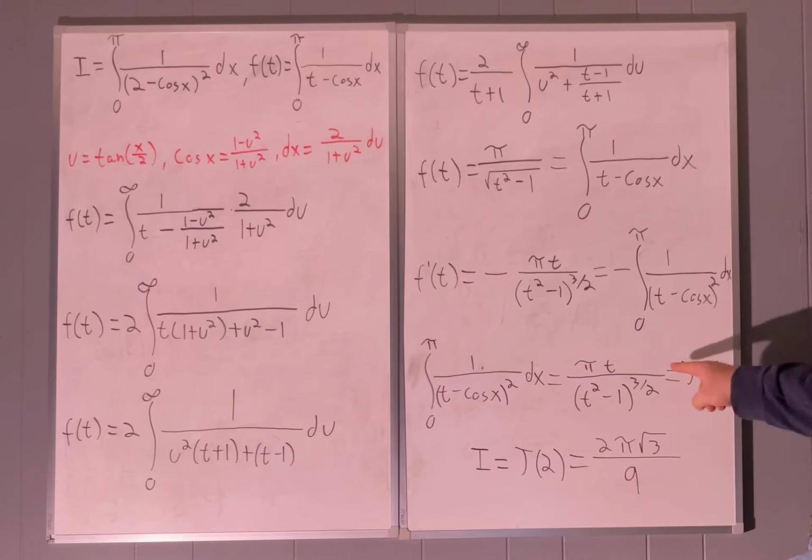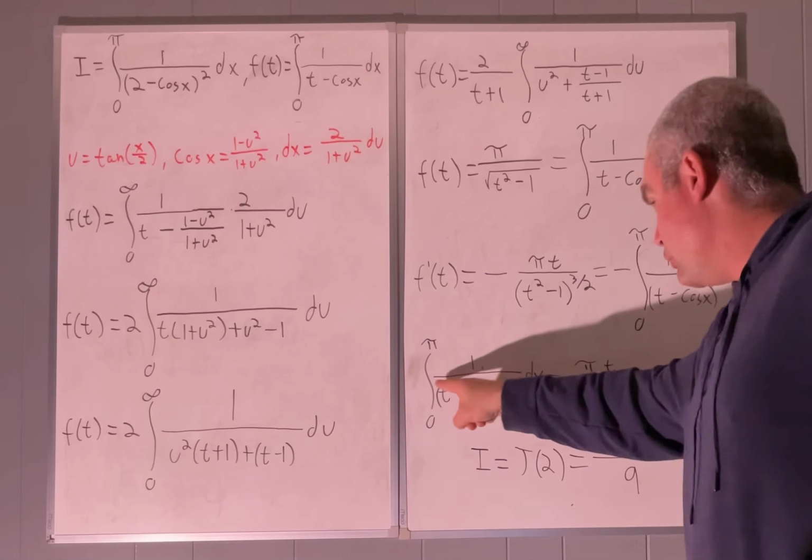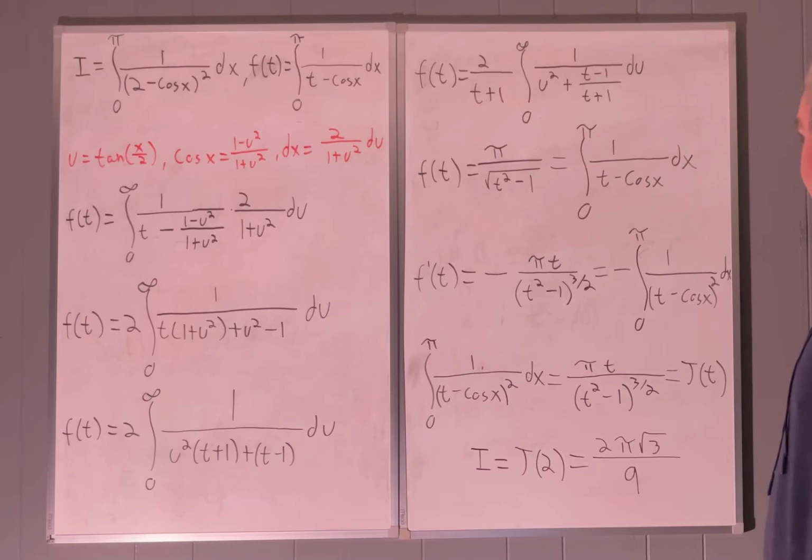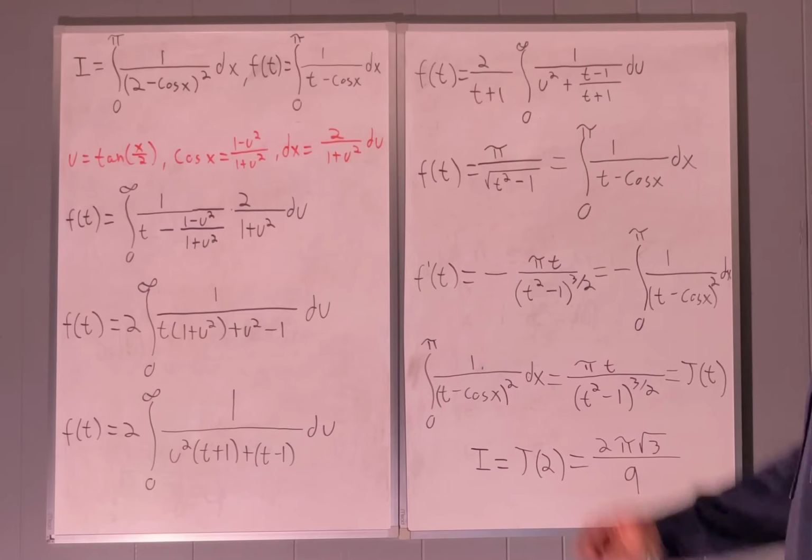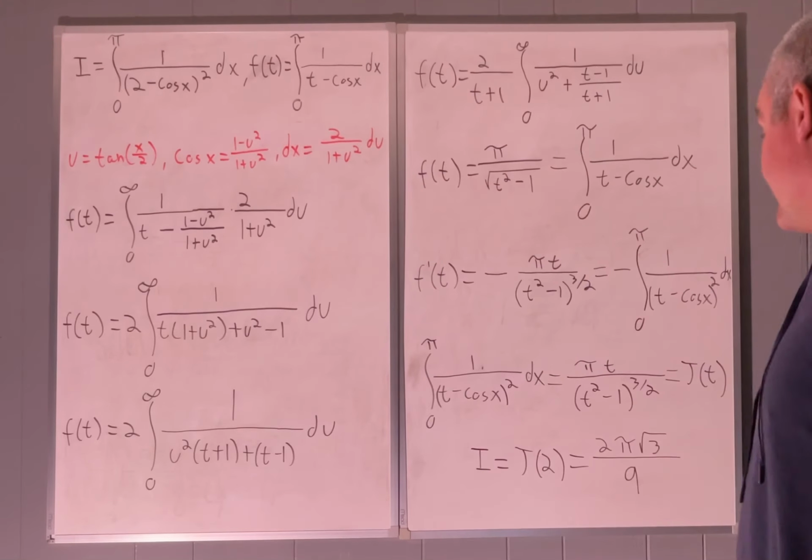And we'll just call this j of t, because we already have an f of t. We'll notice that if we plug in 2 for t into our j of t, we'll get I. We'll get the answer that we want.